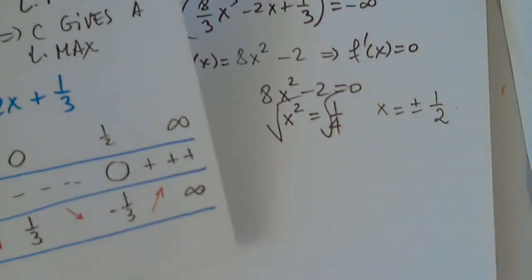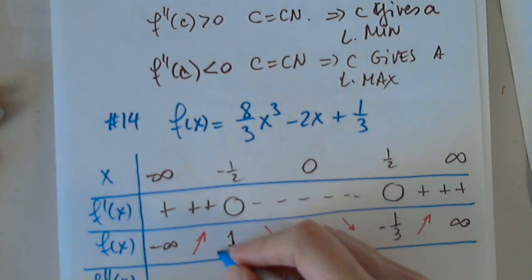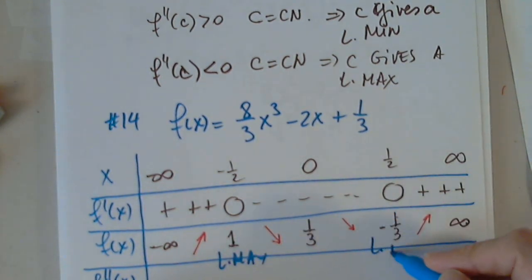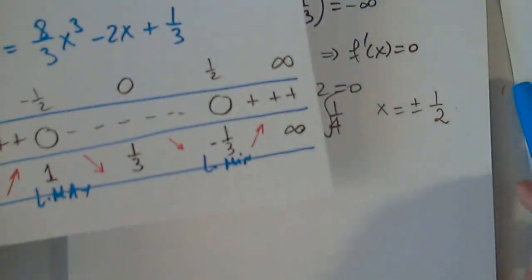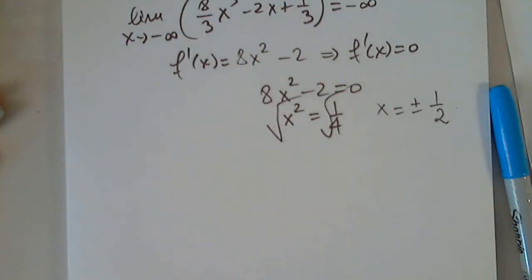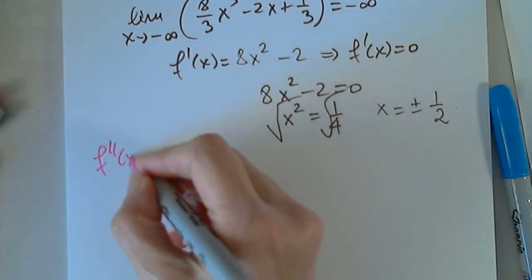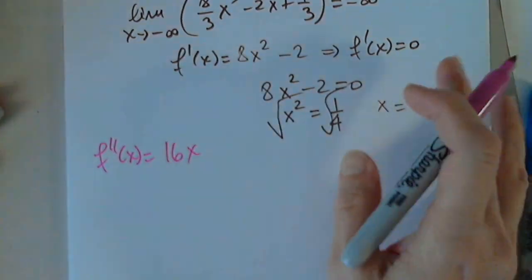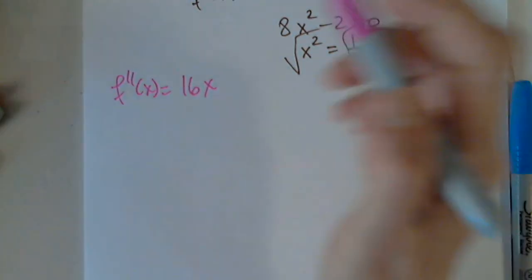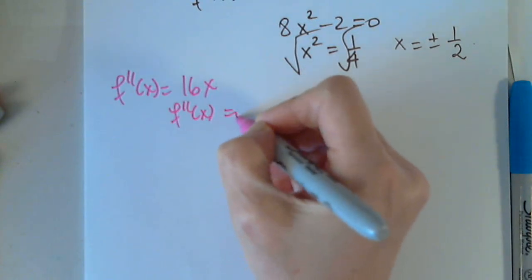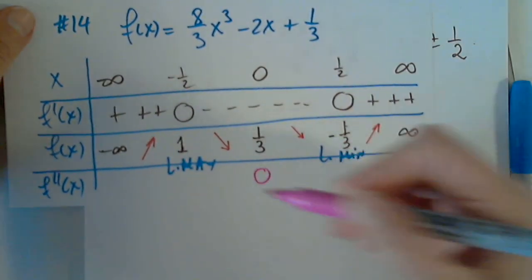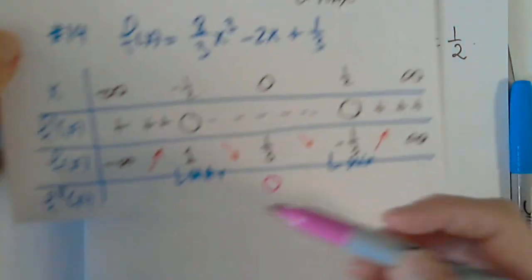Moving on to the second derivative. Obviously local max because of the sequence, local min because of the sequence, and because it's a critical number. Okay, so the second derivative, where are you? First derivative here. So the second derivative will be 16x. So this is 0 when x is 0. 16x when x is negative.